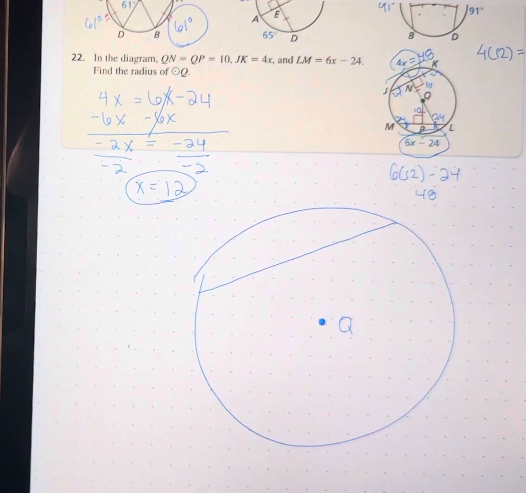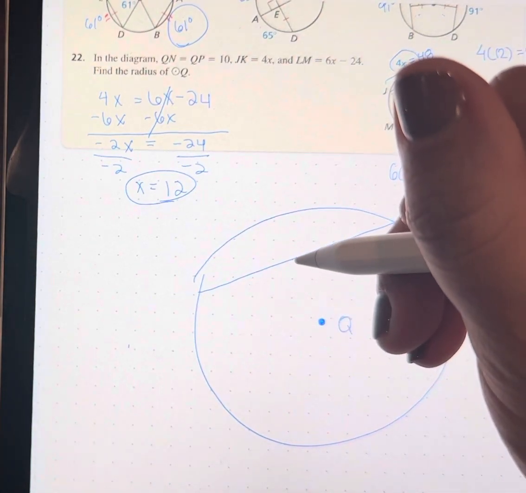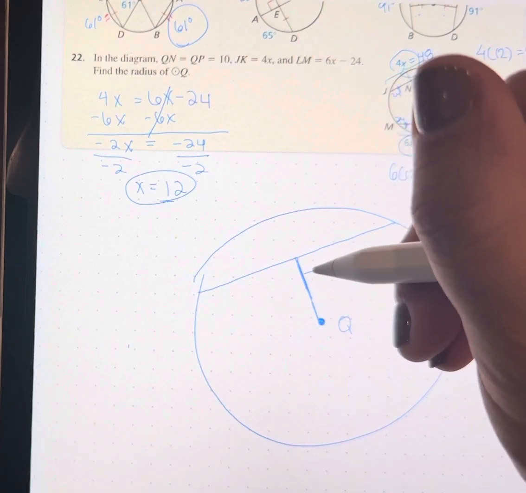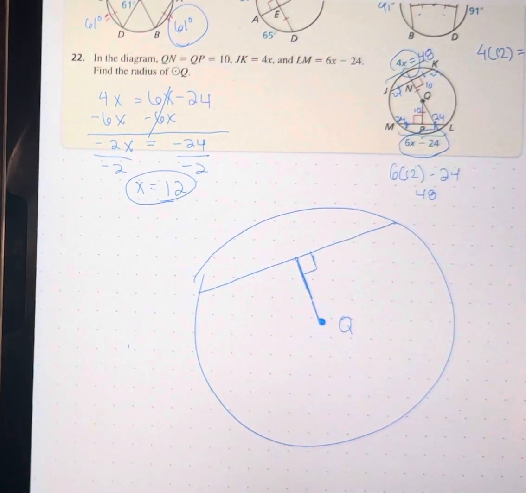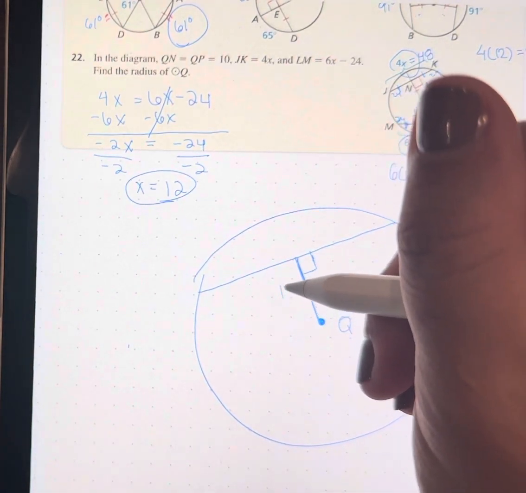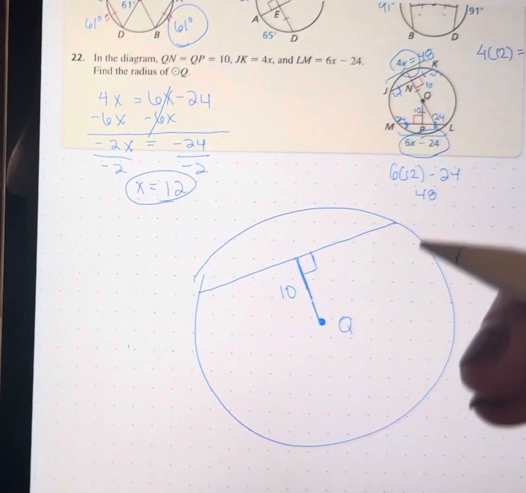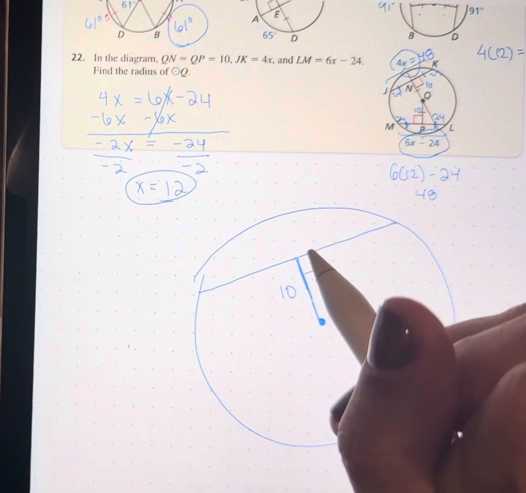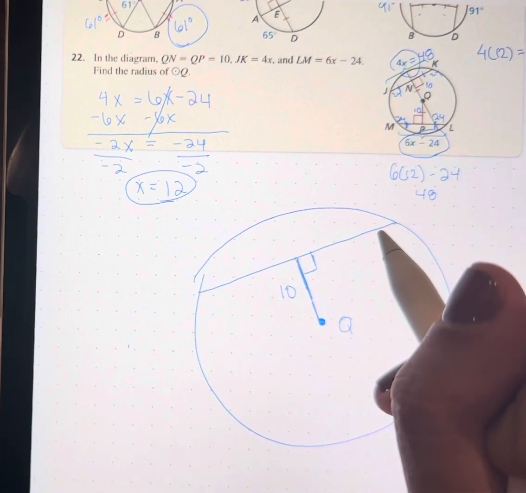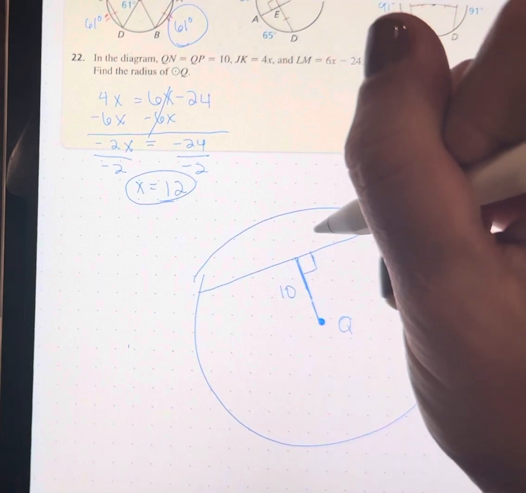I don't need them both. And I'm going to connect this over and make that right angle. And then this was what they told me was 10. And then I found out that each of these pieces of this chord were each 24.